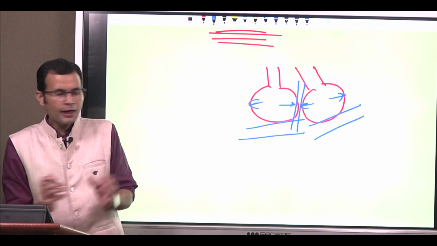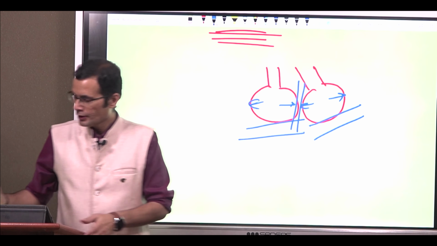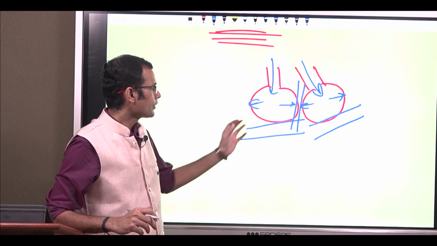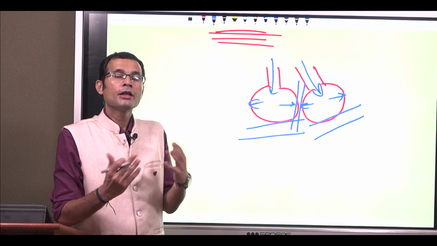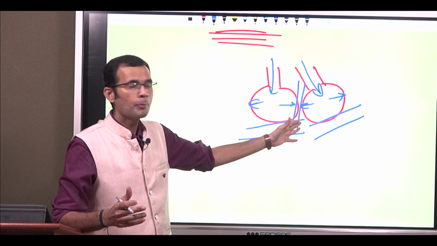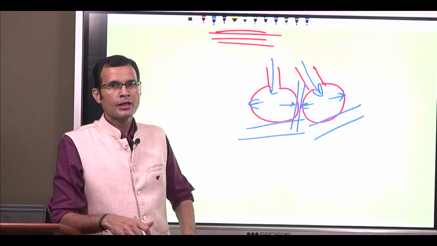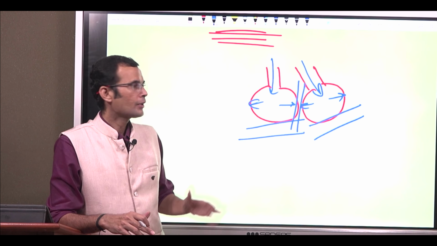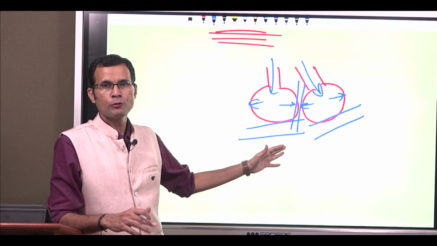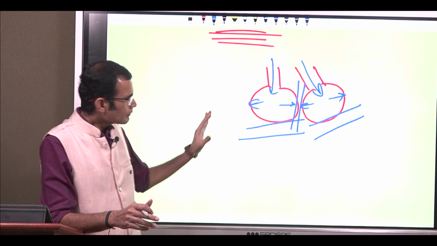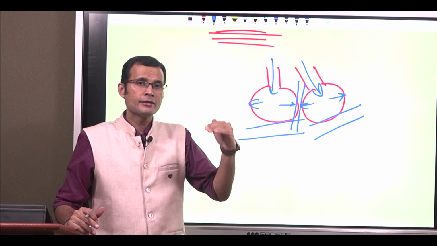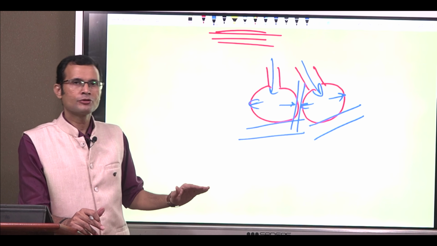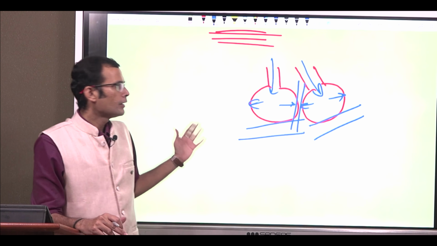This distension is going to compress the pulmonary vessels, and if those vessels are compressed, constricted, the resistance to the blood flow will increase. So at higher lung volumes, the pulmonary vascular resistance will be higher.